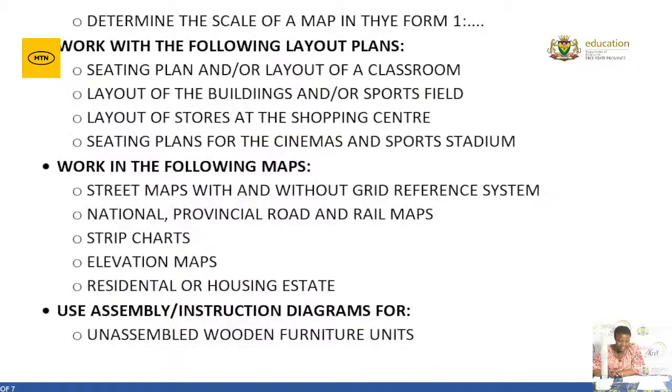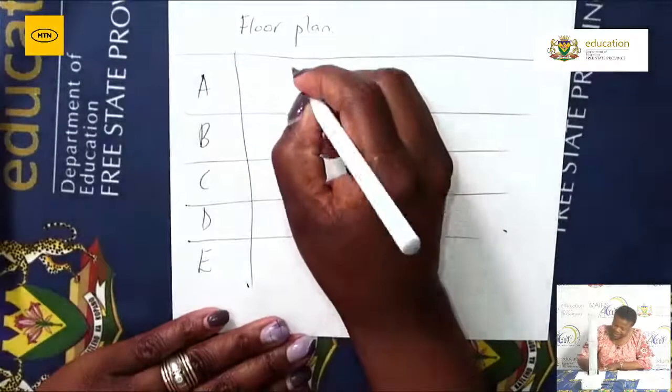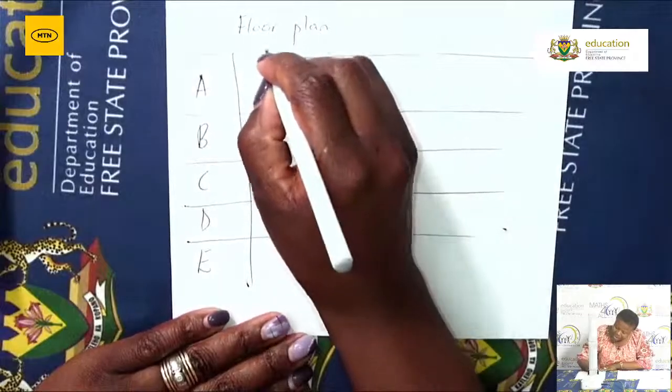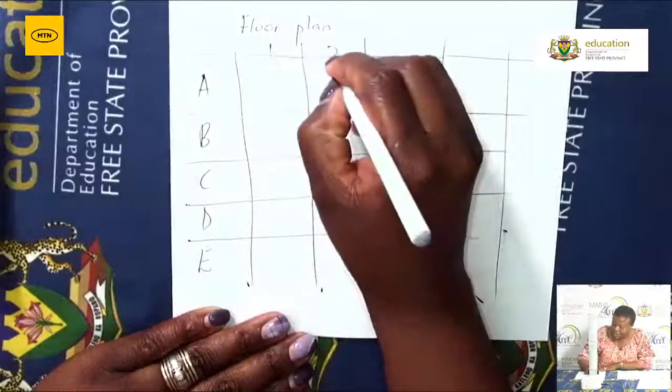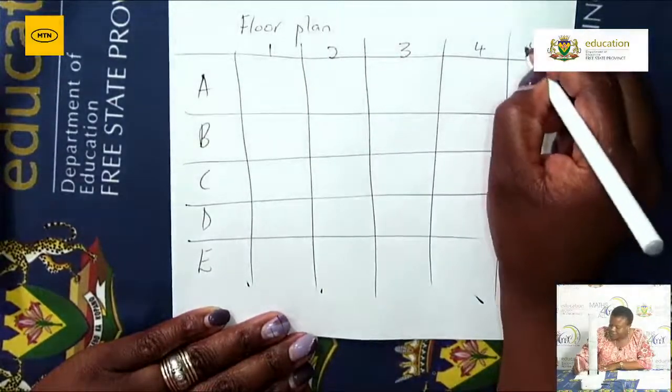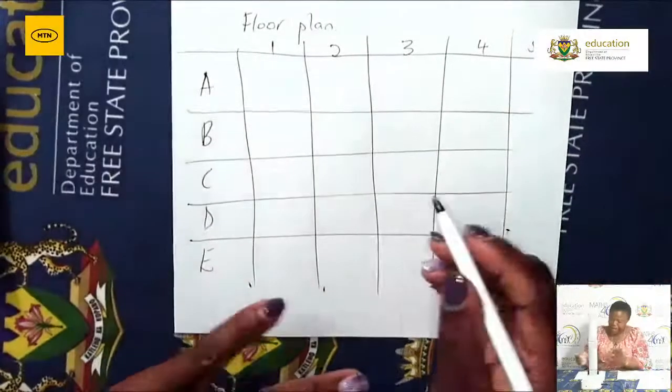Maps with grid references are the ones that will be labeled. Let me make an example. We have letters A, B, C, D, and E. And then we divide it into blocks. So this block, we put it on top of the map of Bloemfontein. So let's say, for example, we look at the other columns. So our block is divided into 5 columns. So in block number 1, we have a place like Park Road.